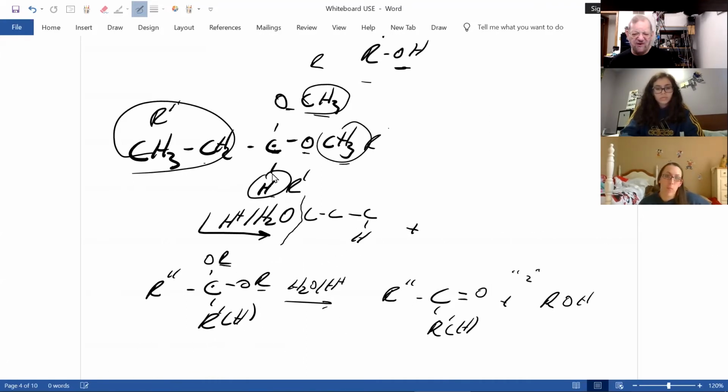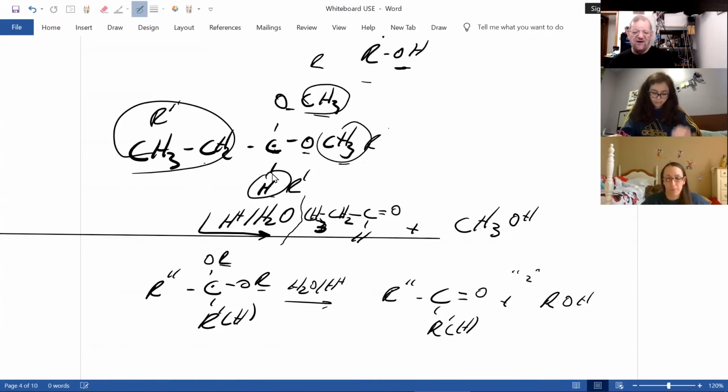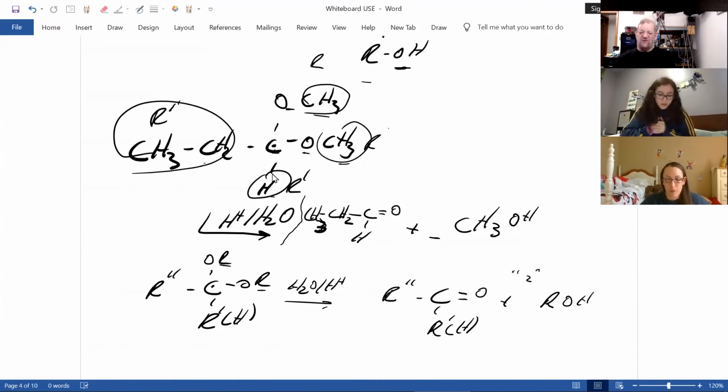Maybe I should have drawn it over further. And it will be double bonded to oxygen, an aldehyde. And then my R group is a methyl, so I get methanol. Like I said, you don't have to put a 2 there. If you want, go right ahead.